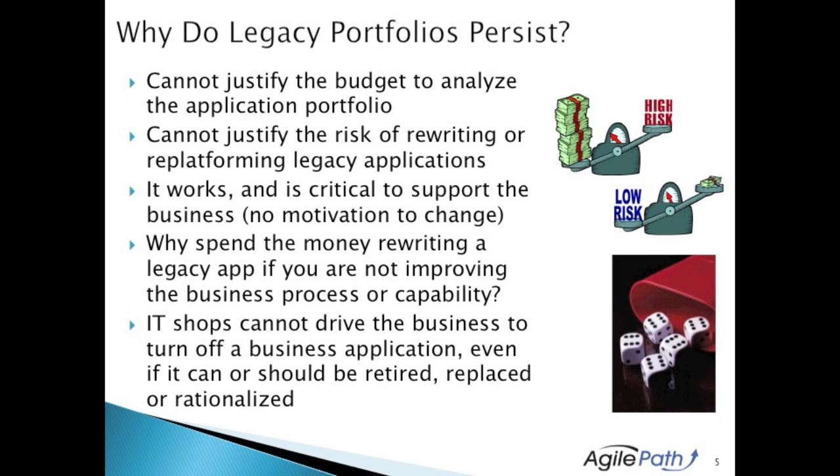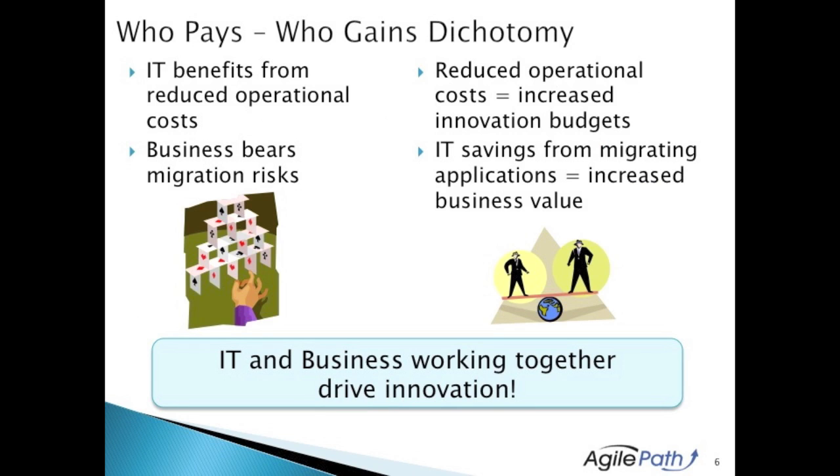Now, this slide, the who pays, who gains dichotomy is one of the explanations that we use to explore the dynamics between IT and the business in the context of migrating and modernizing legacy applications. And it centers on the fundamental question around, who pays for the legacy modernization and who gets the benefits.